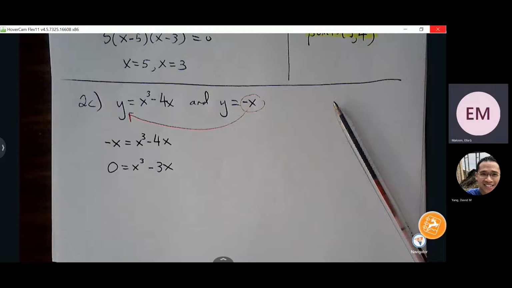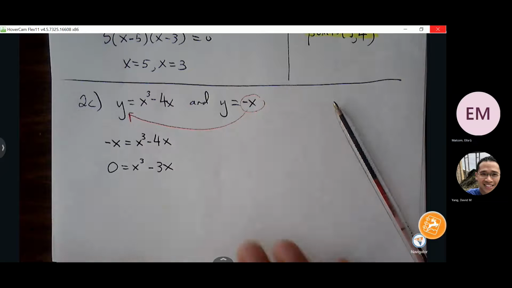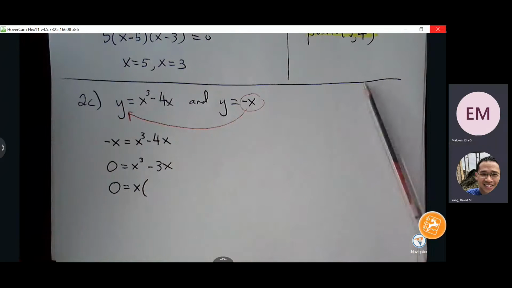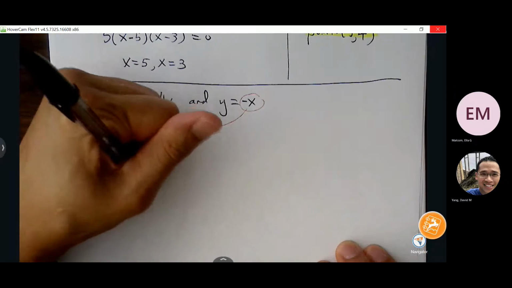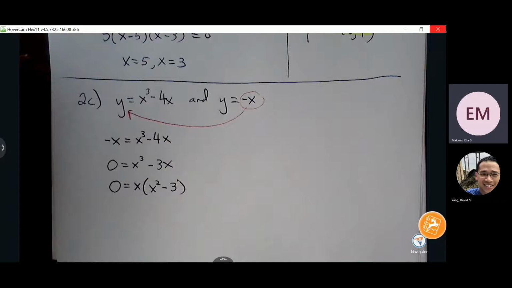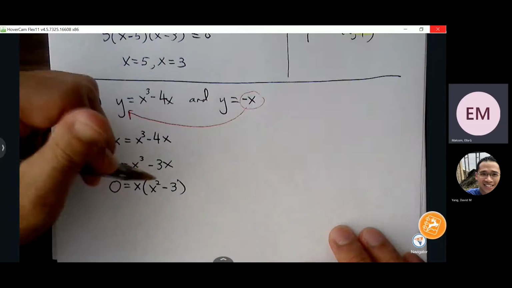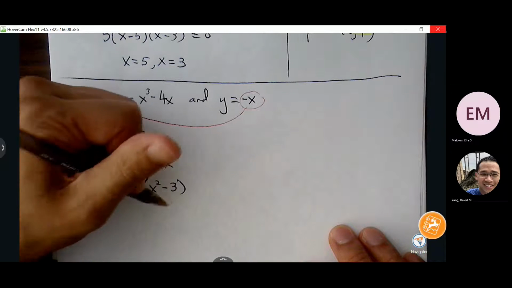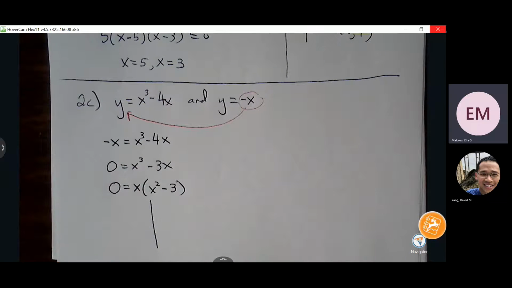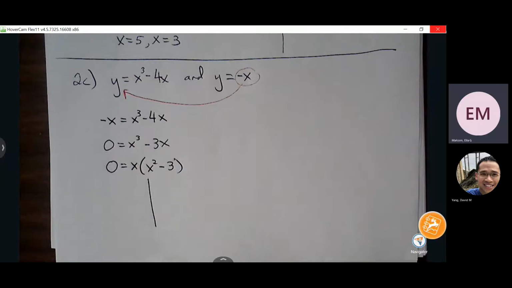So now I can take out x, right? And have x squared minus 3. And then x squared equals 3 and x equals plus or minus root 3. Say it again. So then I can set x squared minus 3 equals 0.